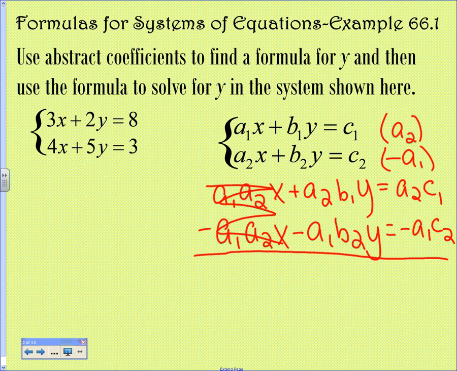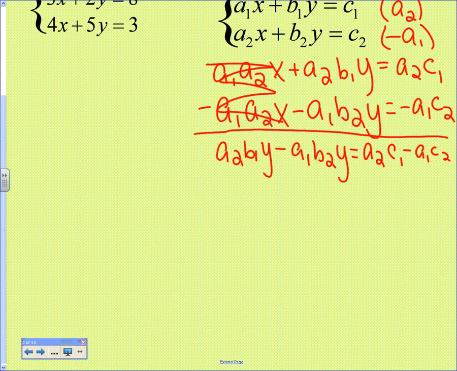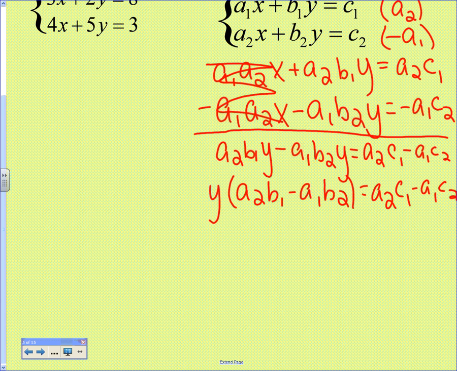They disappear, which is what we wanted, right? Because we're eliminating them. And then we have A2 B1y minus A1 B2y equals A2 C1 minus A1 C2. And then what do we do? Take out a y. So you have y times (A2 B1 minus A1 B2) equals A2 C1 minus A1 C2.